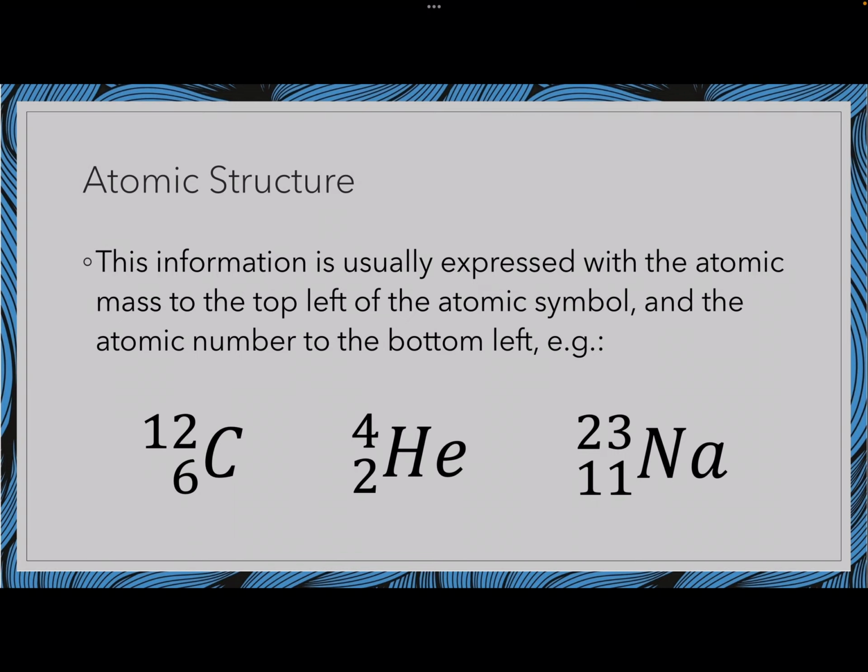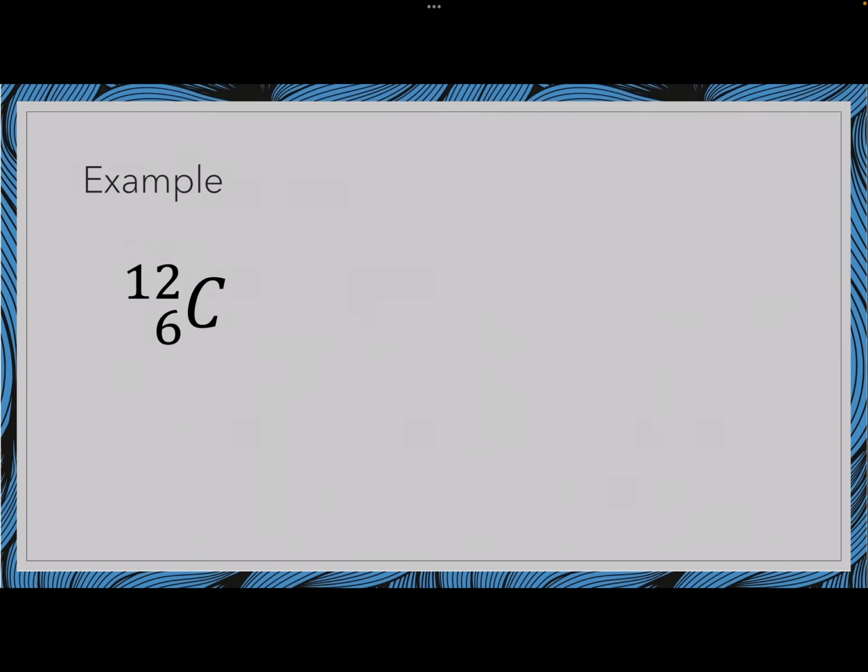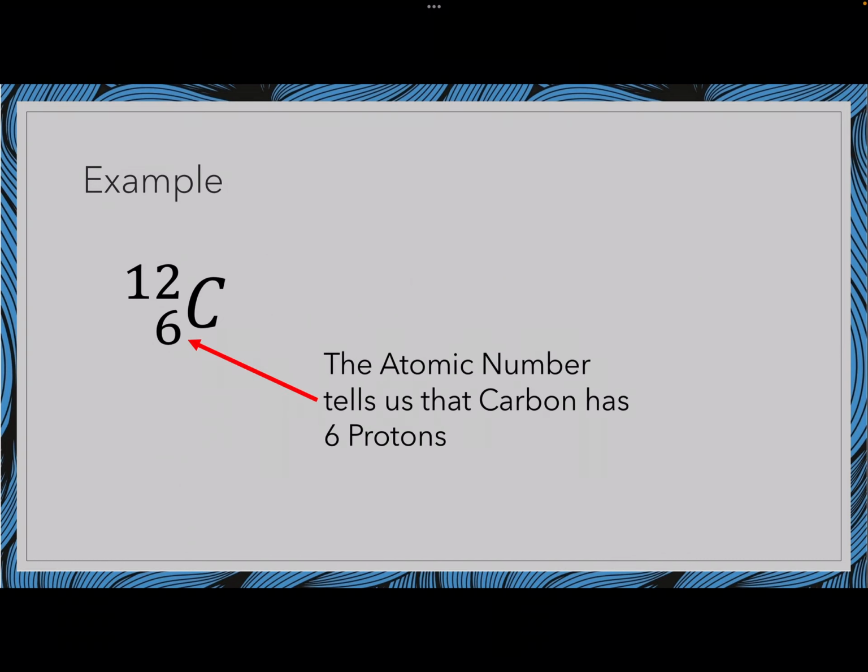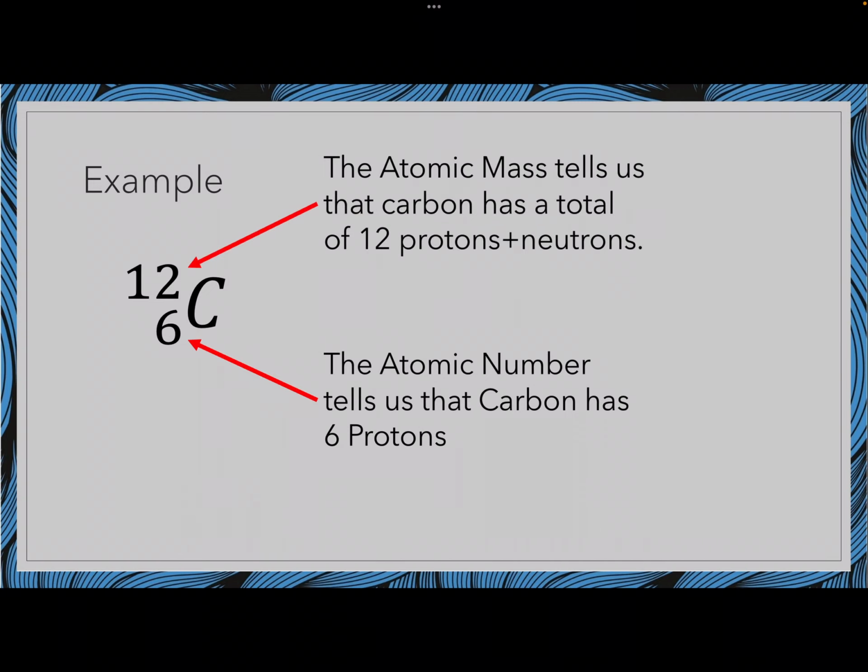Now, let's break it down and go through what they actually mean. So we have carbon-12, with 6 as the atomic number. It tells us that carbon has 6 protons. The mass number at the top tells us that carbon has a total of 12 protons plus neutrons.